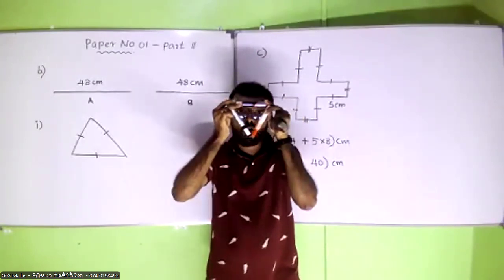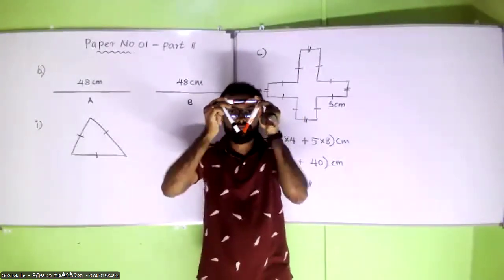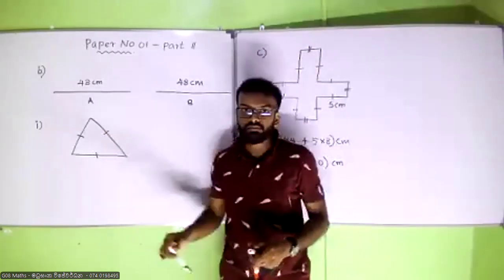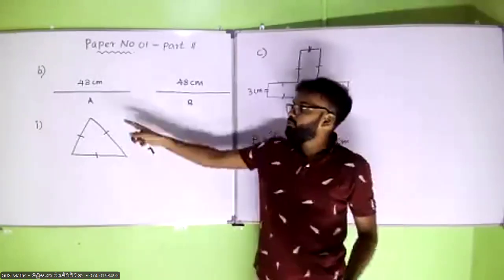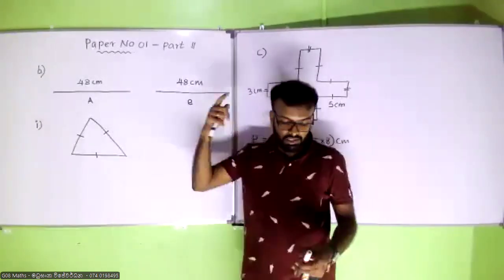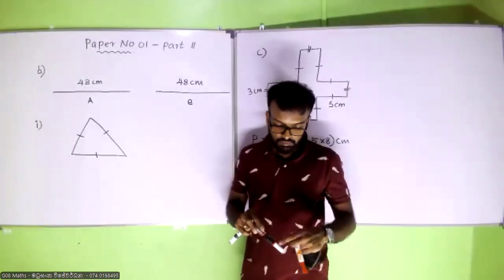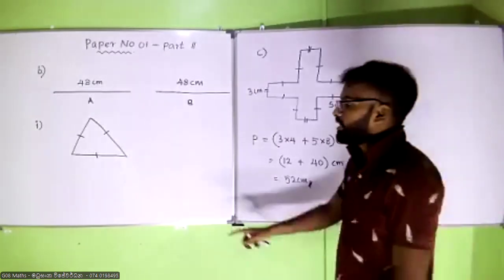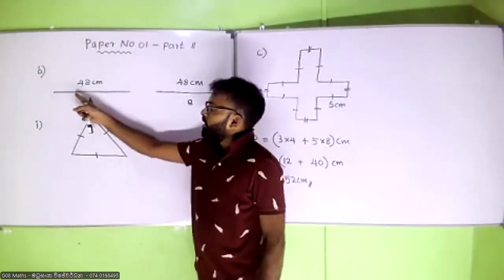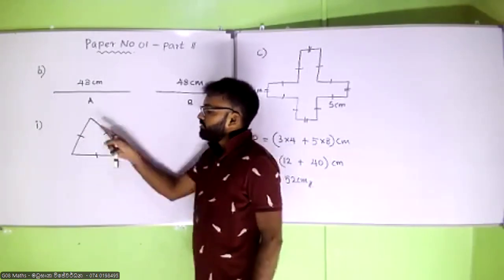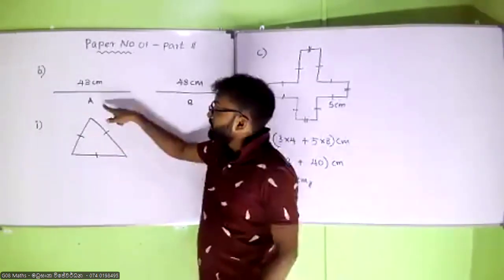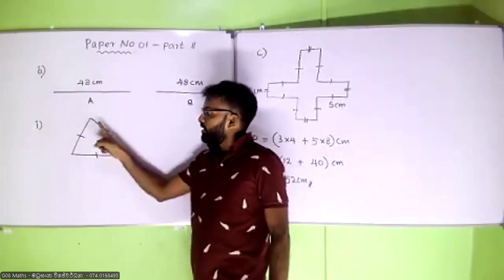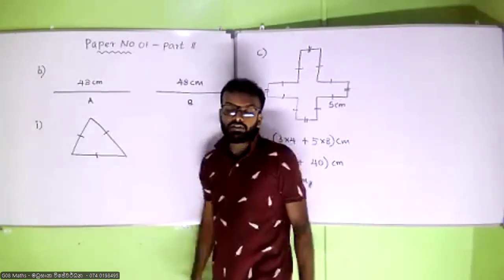Now can anyone tell me how to find the length of one side? What is the perimeter of this total triangle? If I am using wire A to prepare this triangle, I am going to fold this 48 centimeter into an equilateral triangle.